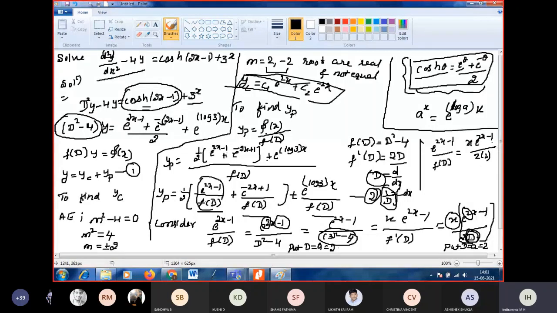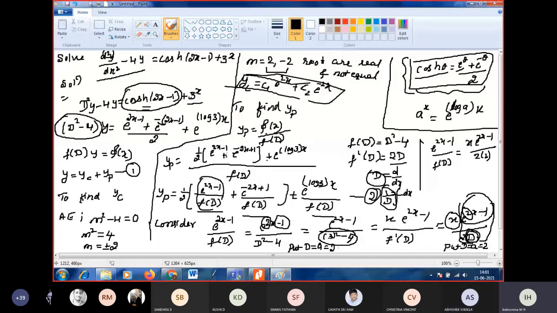Otherwise 1 over D is nothing but integration. What is the integration of e power ax? It is not a power ax log a. The integration of e power ax is e power ax by a only.